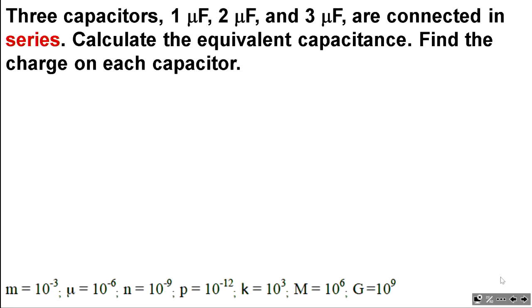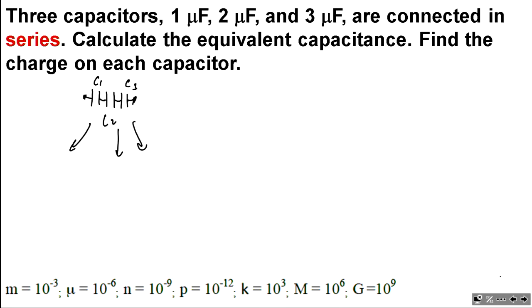Let's practice. So first we should draw a picture. It helps to make the right choice for the equation we want to use. C1, C2, C3. We look at the picture and we make a statement.